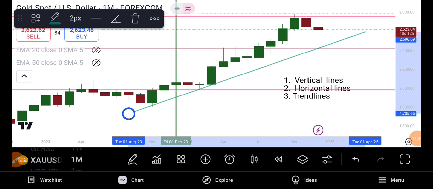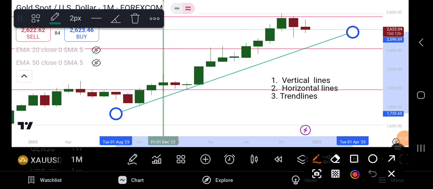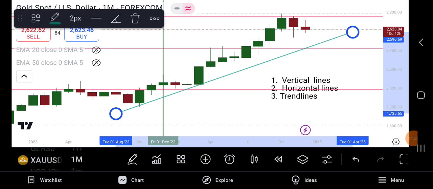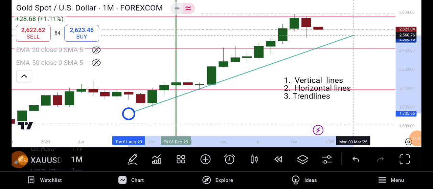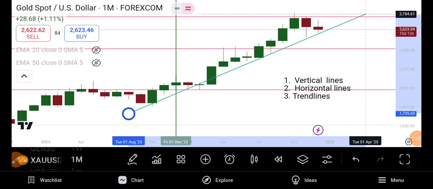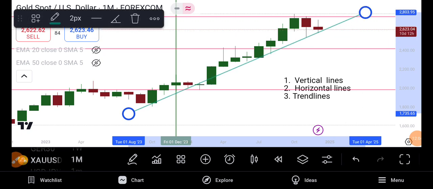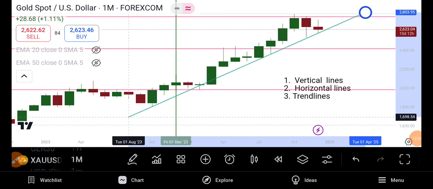So that'll be the first touch, right? The second touch, and then we'll be waiting for a third touch. Okay, and then that will qualify it as a valid trend line. Or what we could do, if we're talking about the fact that we can now use the wicks, right?